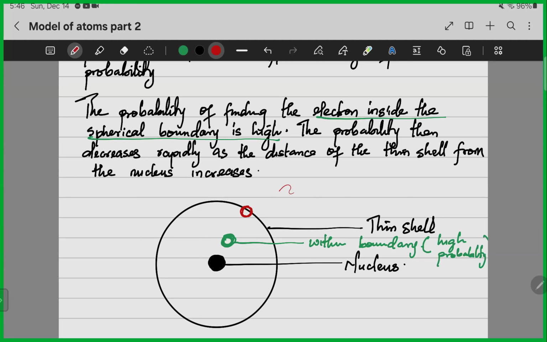But there is another one more distant. The distance from here to here is higher than the distance from here to here, because we are using the radius. So as the distance increases, this one is more distant from the nucleus.